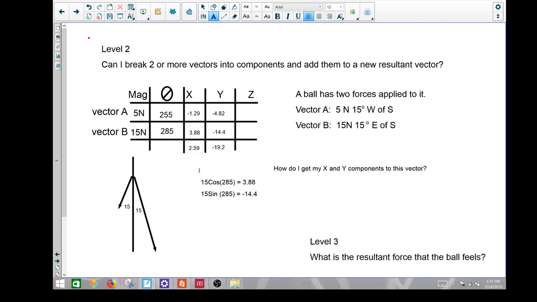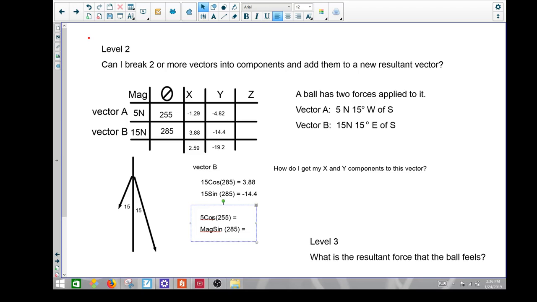Now vector A is exactly the same. I'll just repaste this on here, and then we will grab it and readjust it for vector A. Now the magnitude is going to be 5, and the angle is going to be 255.